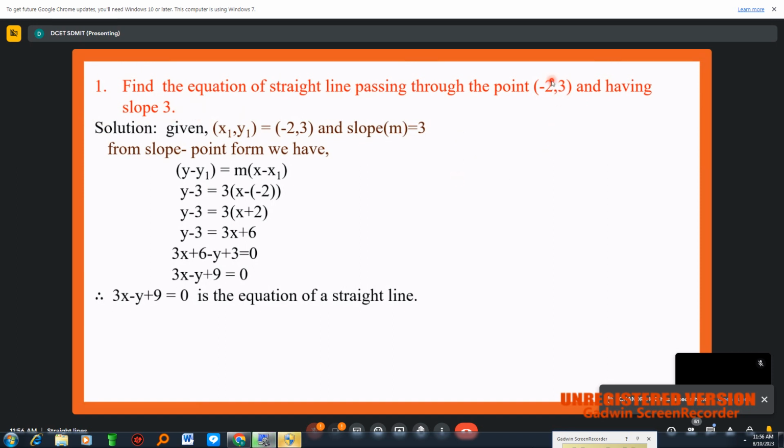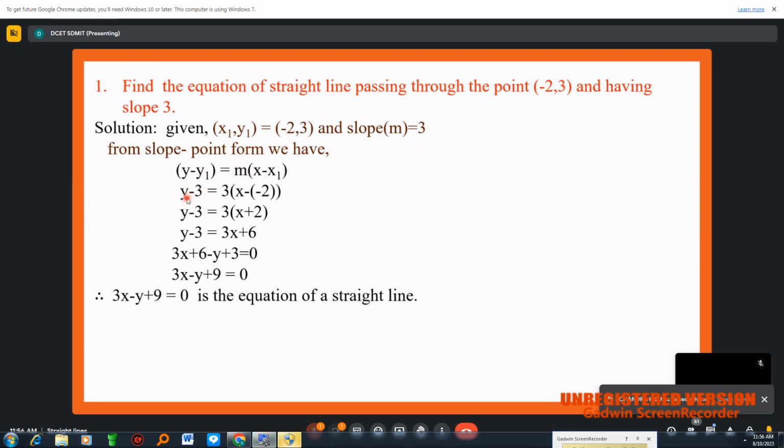So now they given the point, that point we are taking it as x1, y1 and the slope they given it as 3. So now from the slope point form we have, so this is the general form, right? Y minus y1 is equal to m into x minus x1. So now in the place of y1, x1 and m, we need to substitute the given values.